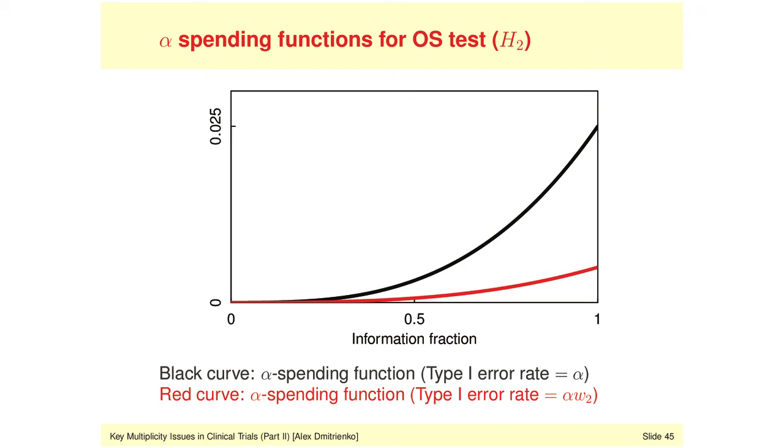This will happen in step 2, and the red curve will be applied when the hypothesis H2 is tested by the Holm procedure at a reduced level. Specifically, the level is given by alpha times W2. We saw the corresponding adjusted significance levels summarized in the table given on slide 43.